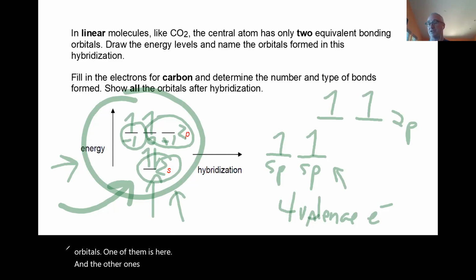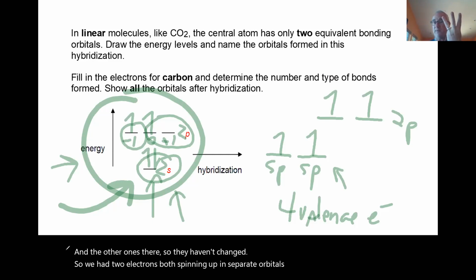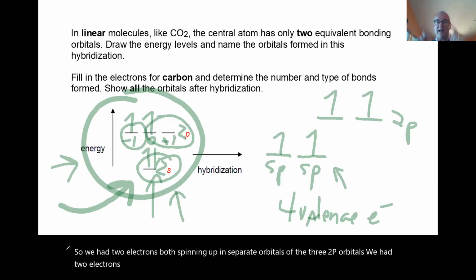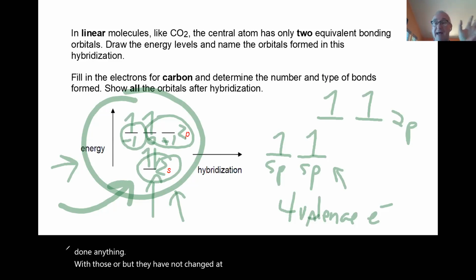So they haven't changed. So we had two electrons both spinning up in separate orbitals of the three 2p orbitals. That doesn't change because we haven't done anything with those orbitals. They have not changed at all. So we leave them out.